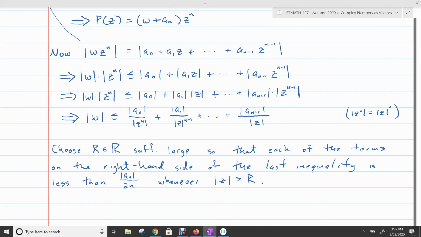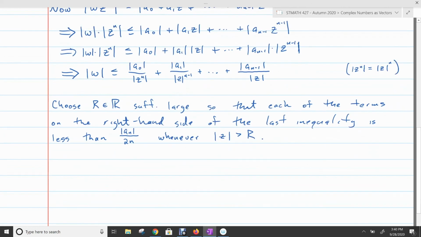So I can make them less than the modulus of an over 2 times n, because the modulus of an over 2n is just some fixed positive number. So it's just the observation that each of those terms on the right-hand side up there are going to 0 as z gets large.